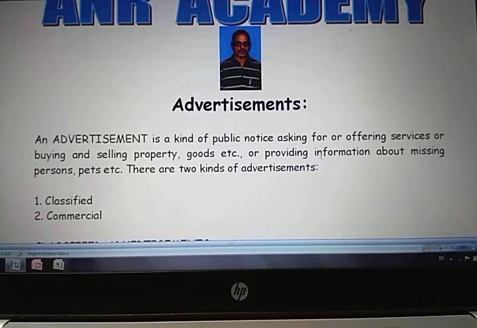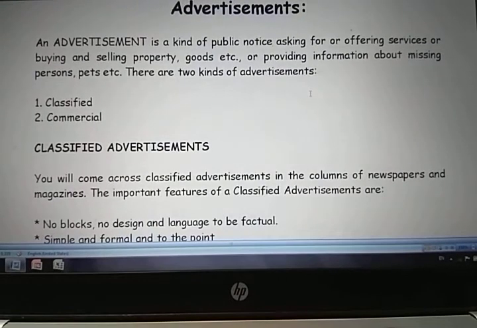A small one. So now you need to write a draft for classified advertisements. Clear? So now let us see what are all the things that come under classified advertisements.